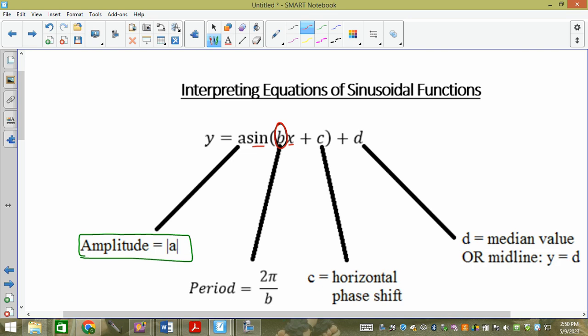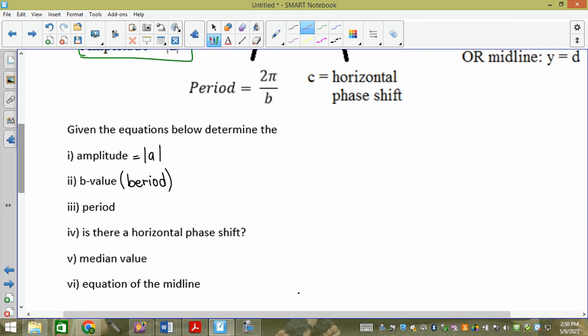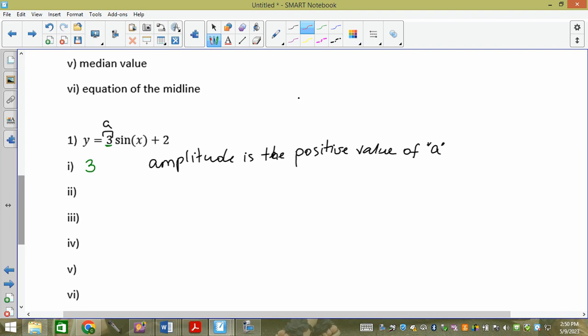Okay? So we're going to go find the B value of each equation. So what's the B value of this one? What's between the sine and the x? Just a 1, right? So my B equals 1. And we're going to flip over.